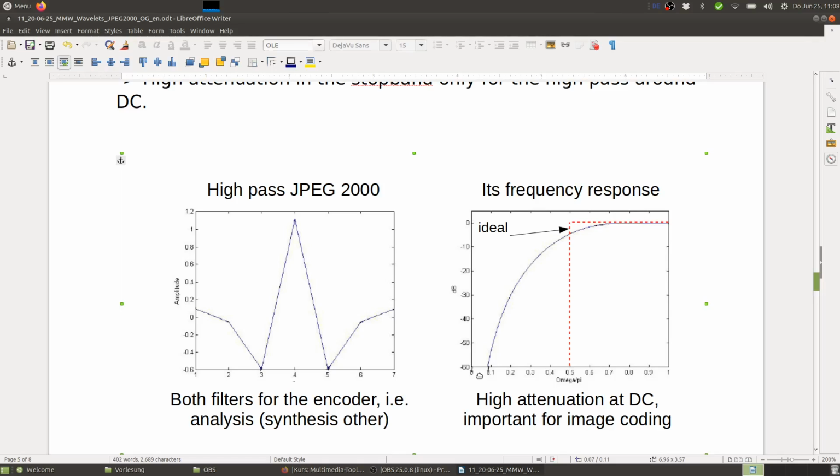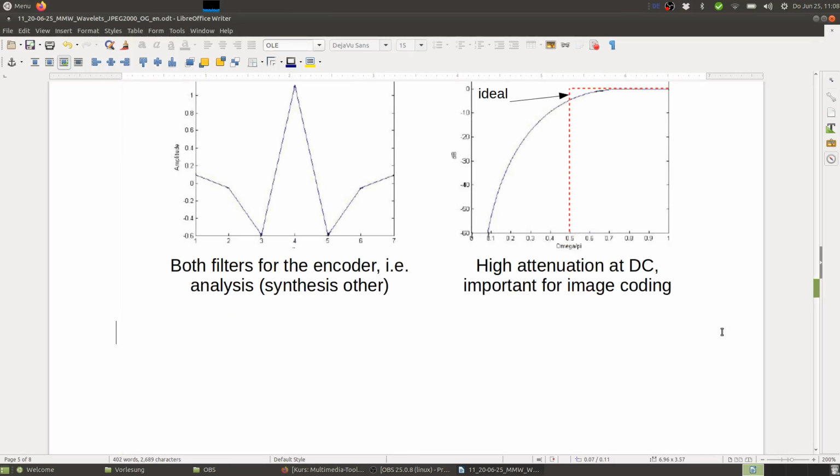And this is important because in images, usually most energy is located close to DC, right, in natural images. And we don't want to have those DC energies spill over into the high band, because that would reduce our compression performance. We want to keep the DC in the low band, not in the high band. And this is what we can achieve here with this filter.